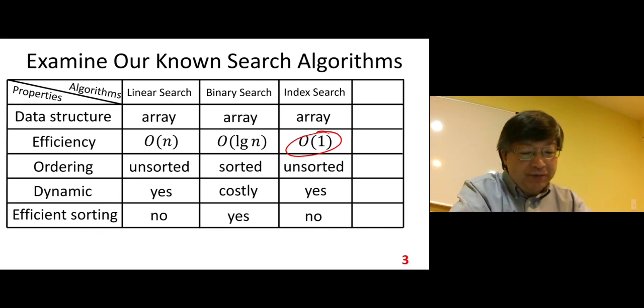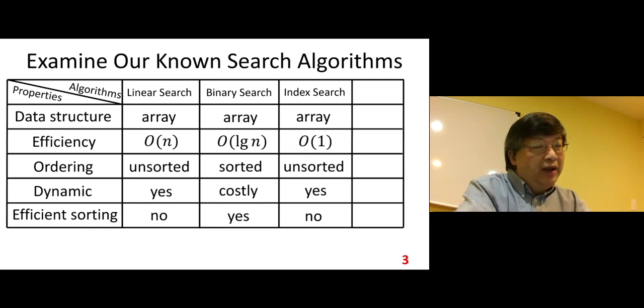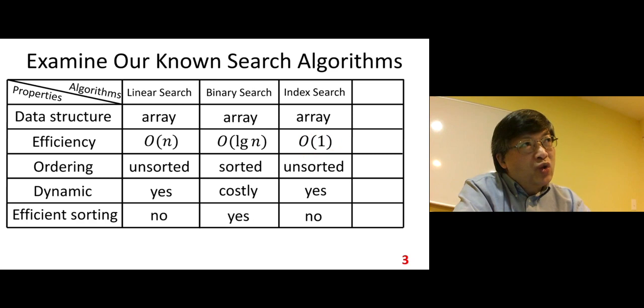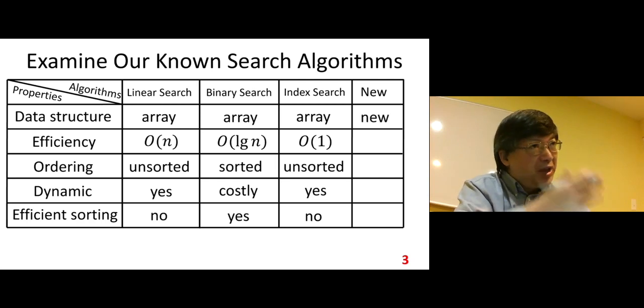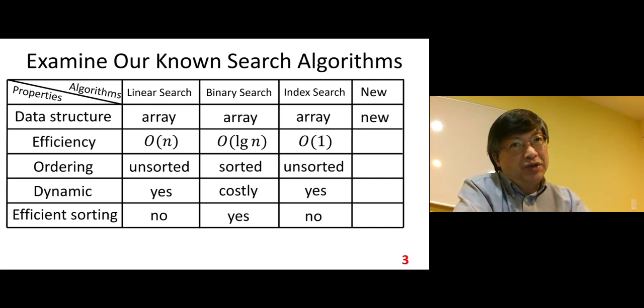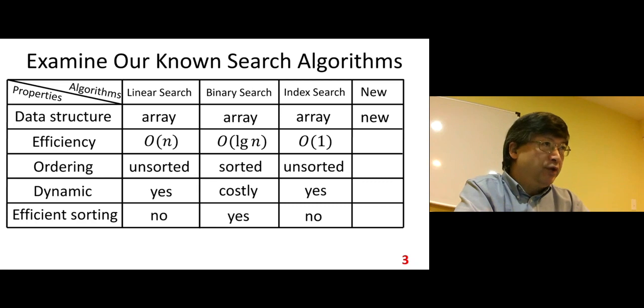Now, with this table, you can see what we target for our new search algorithm and data structure. We need to design a new data structure, not necessarily an array. An array may not work well, so we need some creativity for this step.